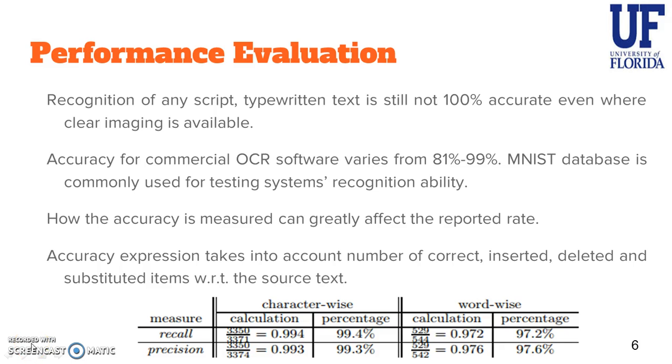Now we come to the performance evaluation. Computer-based OCR systems have come a long way since their introduction in the early 1950s. Although their productivity, robustness, and accuracy have improved much since then, OCR systems are still far from perfect, especially regarding their accuracy.